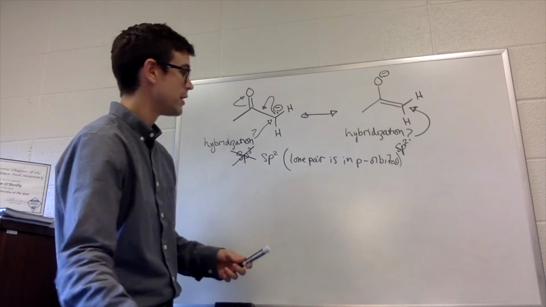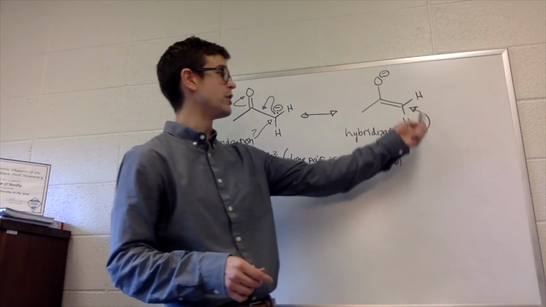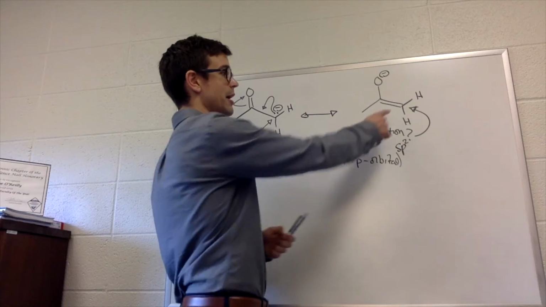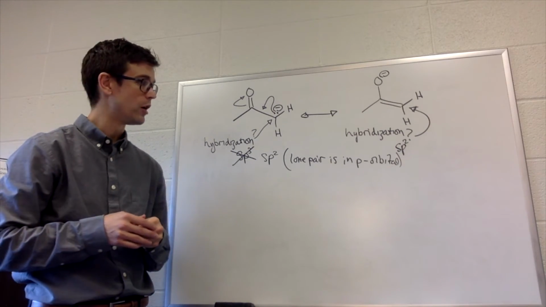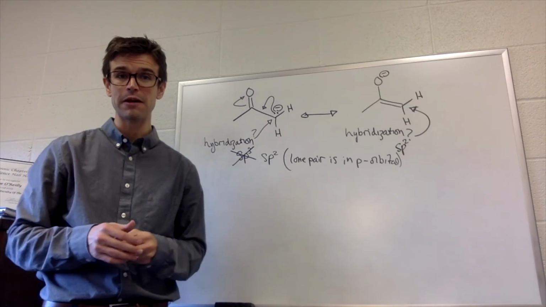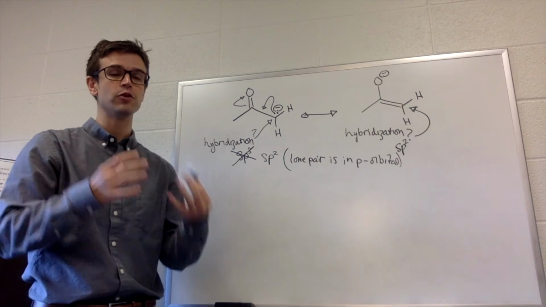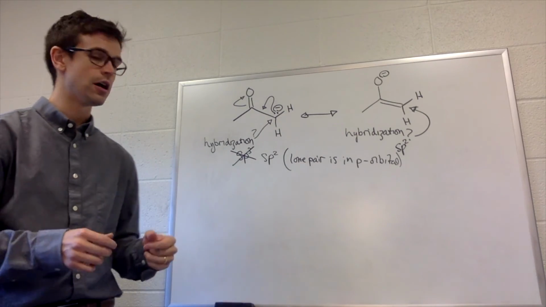So yeah, it looked initially like that was sp3 hybridized, but here we know it has to be sp2 hybridized because it has those electrons in the p orbital. So that's, I'd say, the trickiest thing about this hybridization stuff: when we do have 2 resonance structures, being able to determine what is the hybridization of an atom.